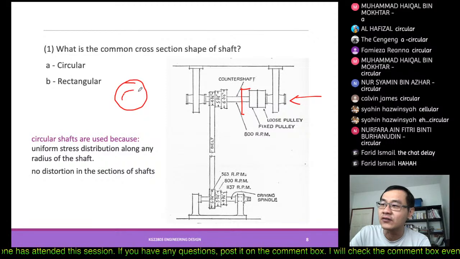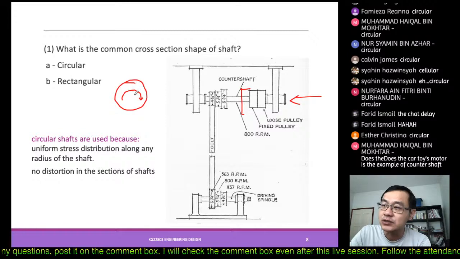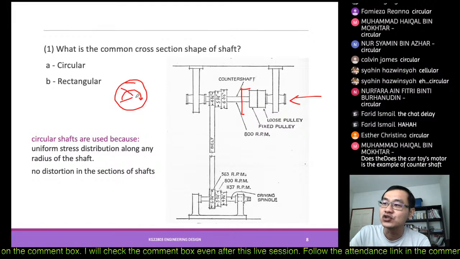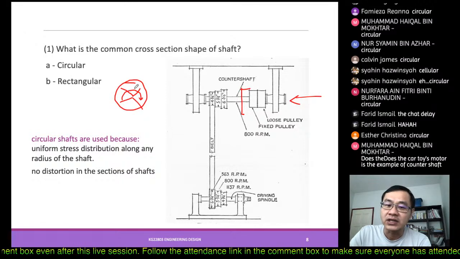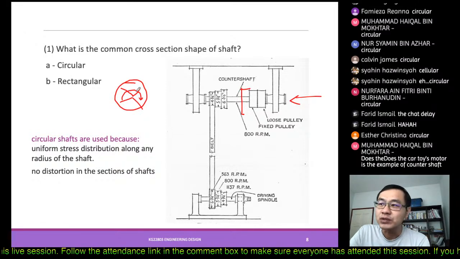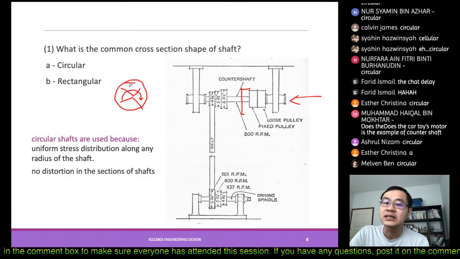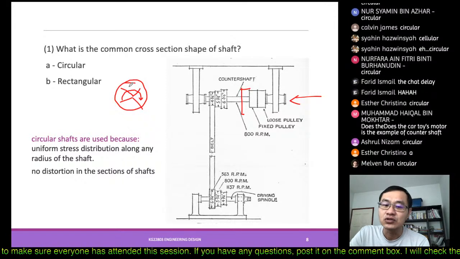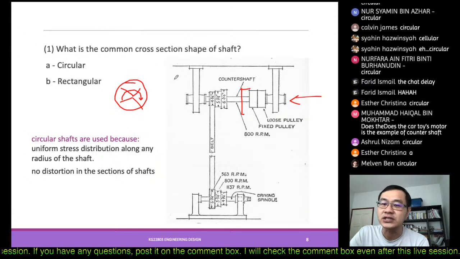Whatever force acts on it, such as a twisting force, the distribution of stress will be uniform along the radius. As a result, there will be no significant distortions along the cross section.